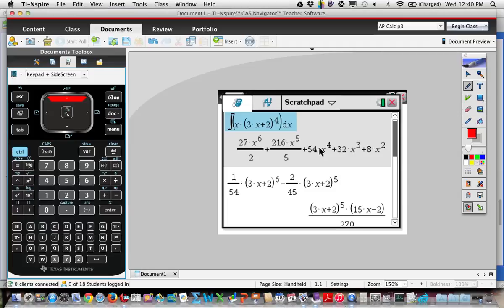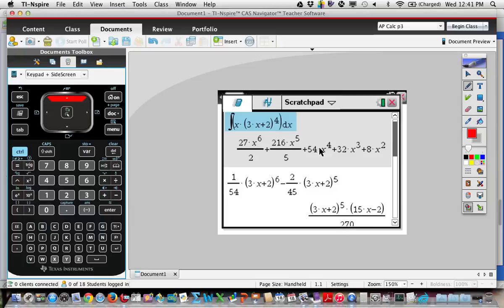Problem is the answer book doesn't always write it the same way either. What number was that? 1/54, 3x plus 2 to the 6th, minus 2/45, 3x plus 2 to the 5th. Okay. Yeah, I feel better about that.